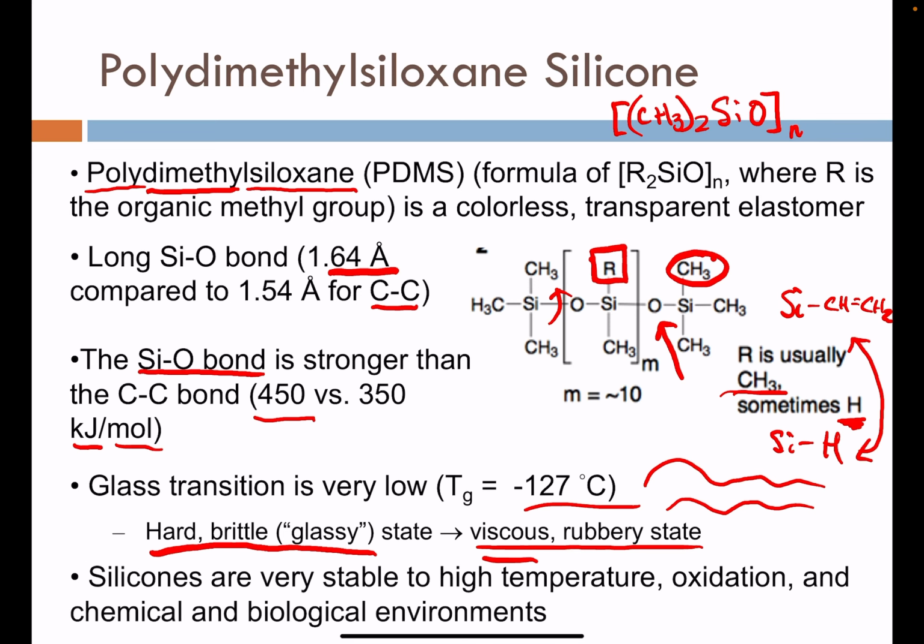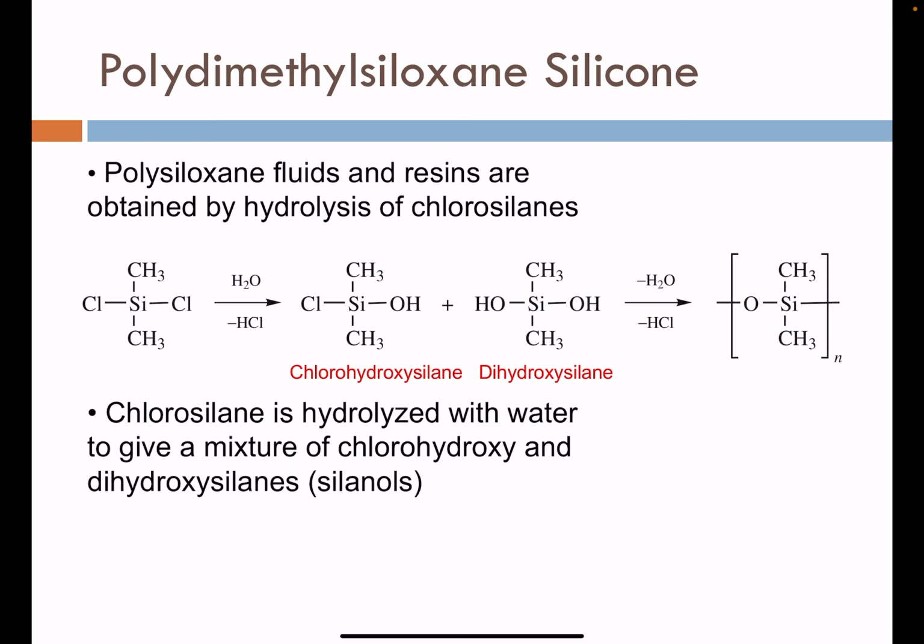Okay, so with all that, we've said that silicones are very stable to high temperature and oxidation in chemical and biological environments owing to long, strong bonds in the main chain. Polysiloxane fluids and resins can be obtained by a reaction known as hydrolysis. This can be had by starting with a dichlorosilane.